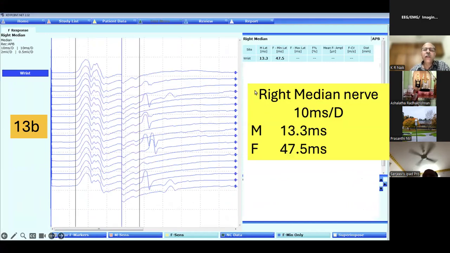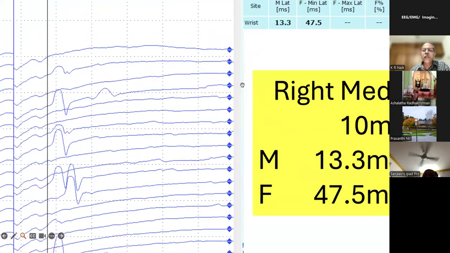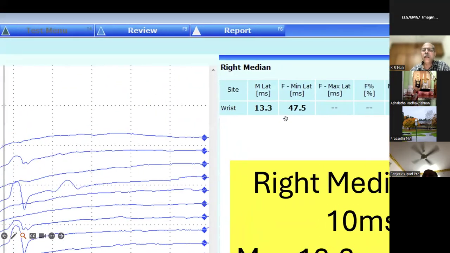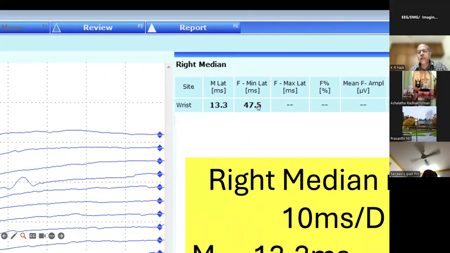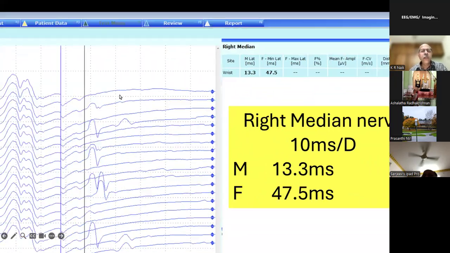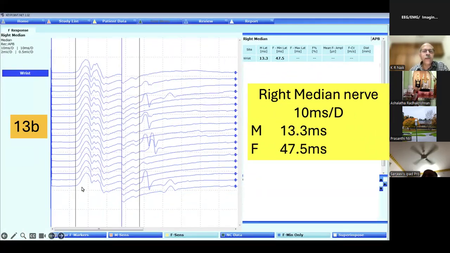This is an example of a patient with quadriparesis. We see that M latency is 13 and 47 is the F latency. When you look at the raw data of the graph, we have a dispersed CMAP, with a sweep of 10 milliseconds per division. We have the M, which is almost 15 milliseconds in duration.